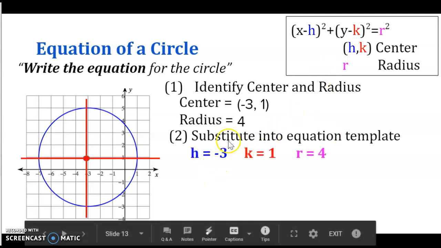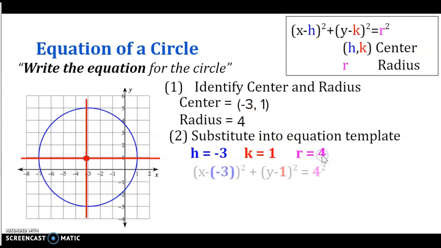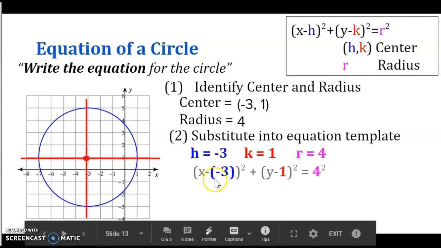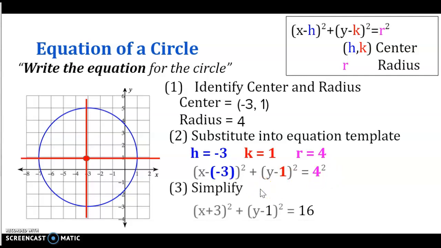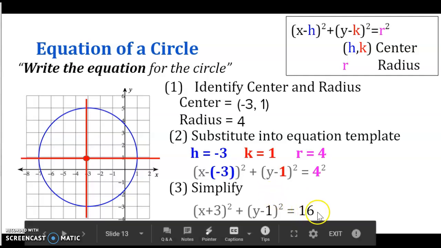So h is negative 3 and k is 1 and the radius is 4. Substituting into the equation, it becomes (x minus negative 3) squared plus (y minus 1) squared equals 4 squared. Simplifying, this becomes (x plus 3) squared plus (y minus 1) squared equals 16.